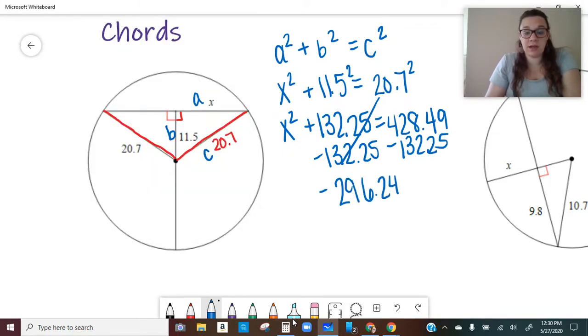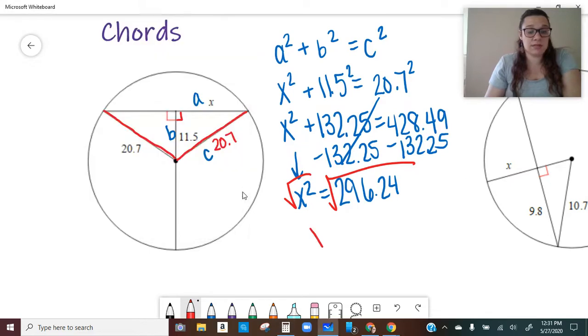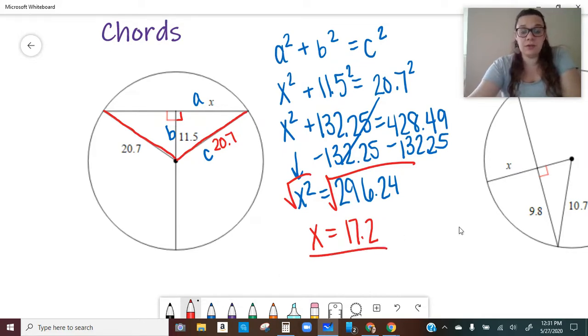On my left, all I'm left with is my x squared. My last step here is to square root both sides. I've got about 17.2. In your examples, it'll ask you to round to the nearest tenth, so I've done that. So our x is 17.2. Final answer. Let's look at the next one.